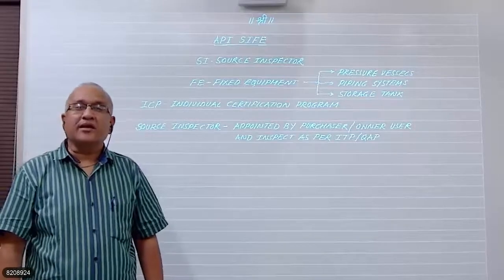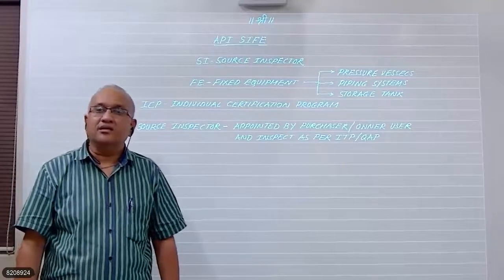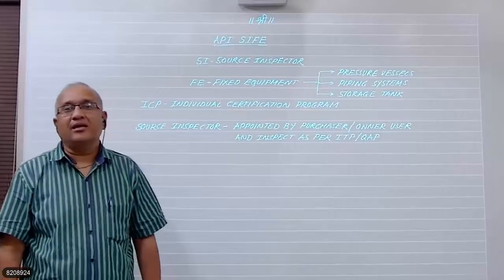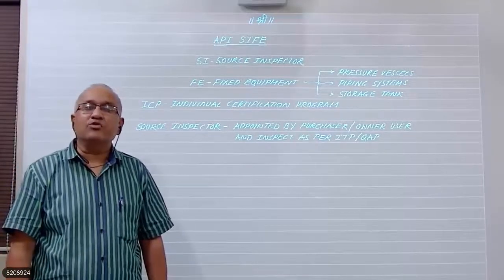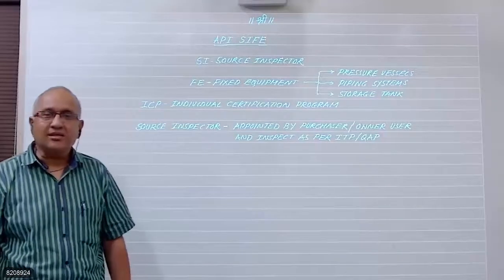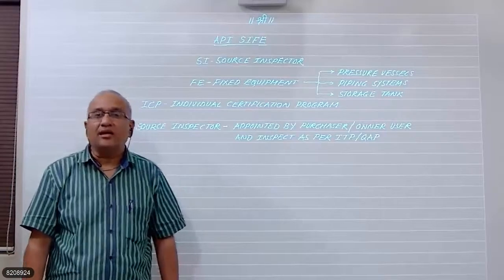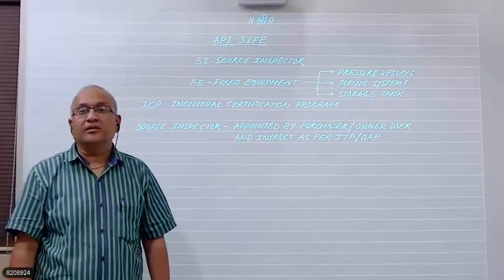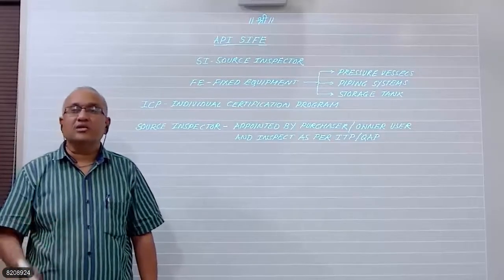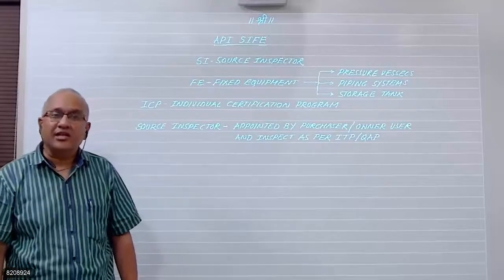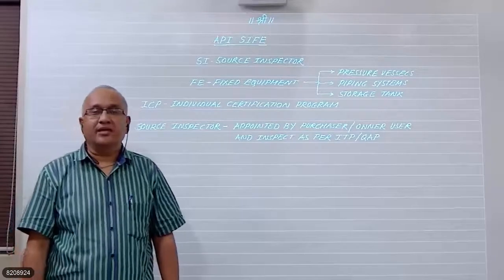So source inspector, fixed equipment, certification given by American Petroleum Institute will definitely be very useful, because if you pass the certification exam meant for it, then you are said to be knowledgeable in various codes and standards like ASME Section 8 Division 1, B31.3, ASME Section 9.